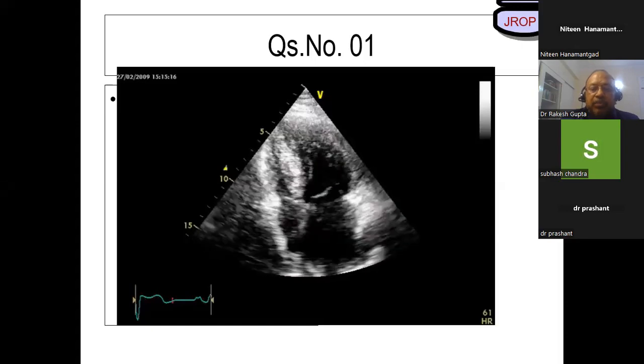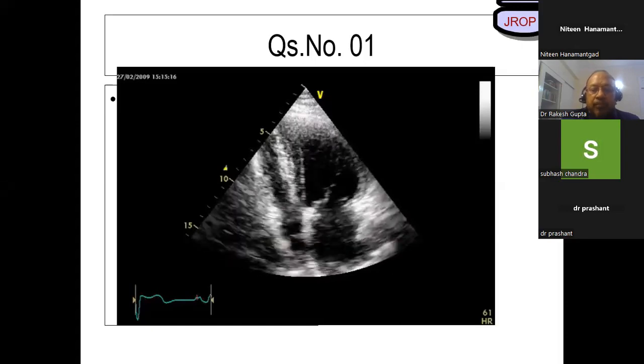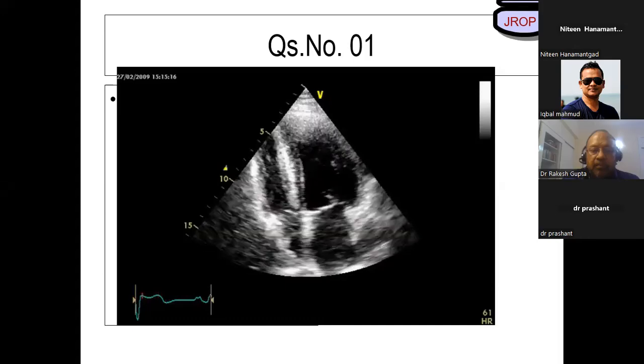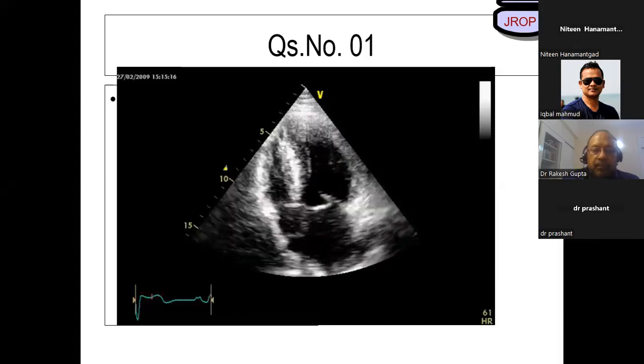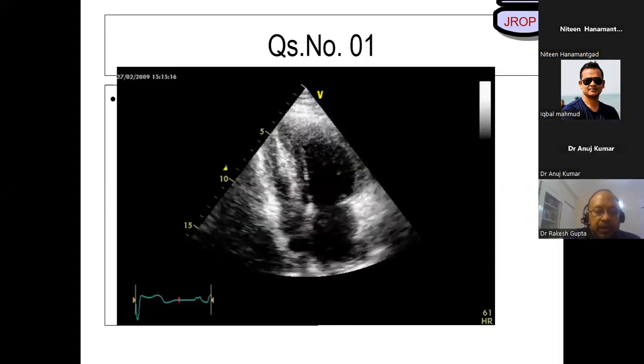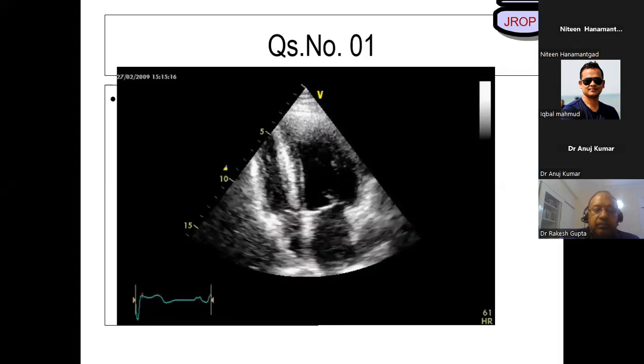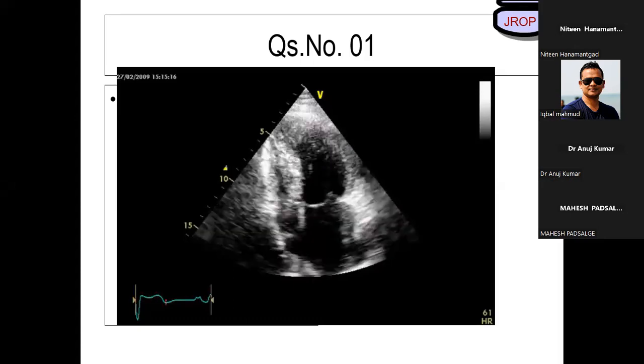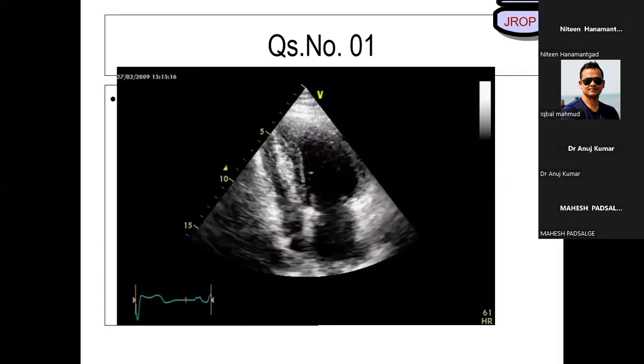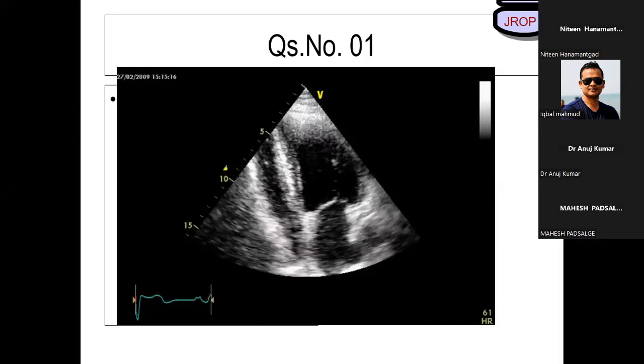Now you can see the abnormality better. What is the abnormality? Sir, the RV cavity is completely obliterated. Pardon? So the RV cavity is completely obliterated, and the hypokinesia is there. There's no hypokinesia.